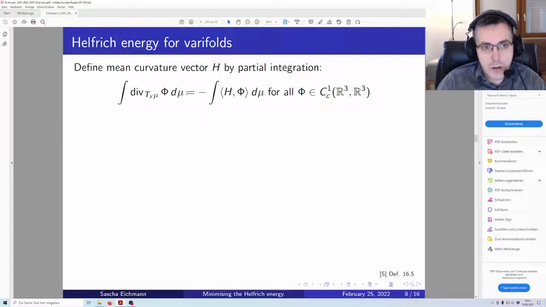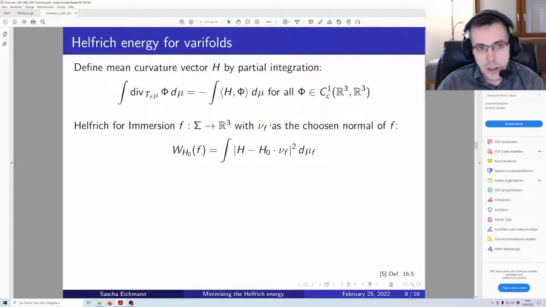This equality here stems from the Gauss theorem for submanifolds. Usually there would be another term corresponding with the boundary of this submanifold, but since we're working with closed immersions which do not have a boundary, we can neglect this term here. So what we're essentially saying is we define what a mean curvature vector is just by requiring the varifold to satisfy a partial integration.